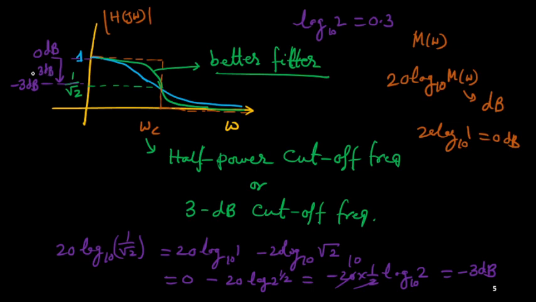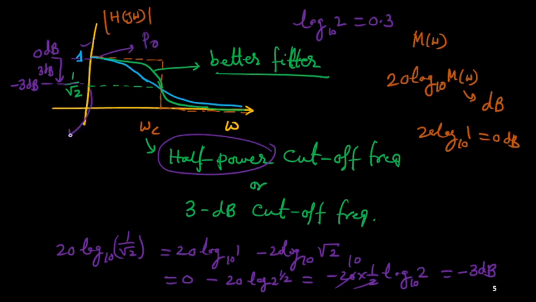And why is it called half power? Because here the voltage gain is 1 upon root 2, and the power gain is the square of the voltage gain. So the power gain at this point will be 1 upon square root 2 squared. Suppose here the power is P0.